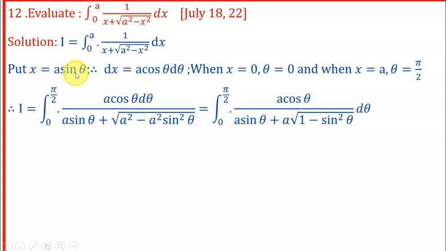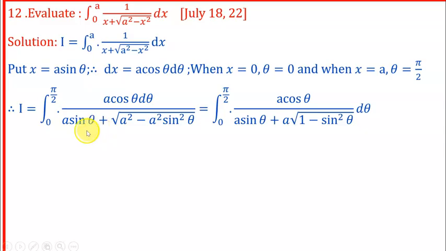Therefore a is equal to a sin theta. A gets cancelled, so sin theta is equal to 1, and therefore theta is equal to pi by 2. Now our new integral becomes I is equal to integral with lower limit 0 and upper limit pi by 2. The value of dx is a cos theta d theta.